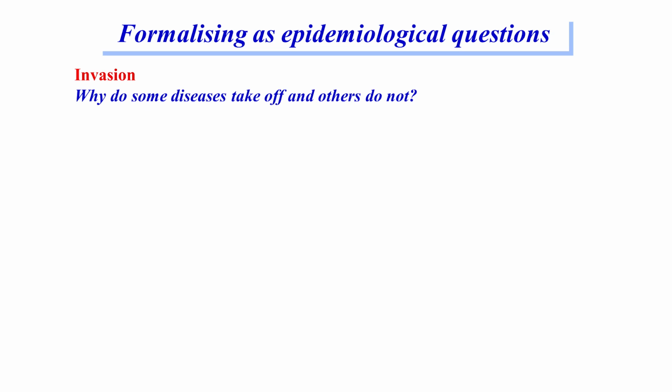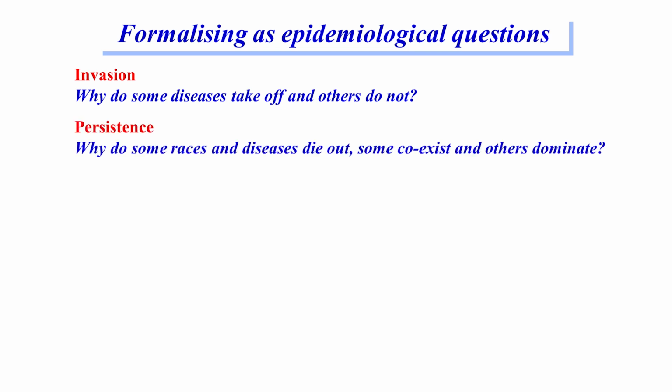That's about invasion. Because some do arrive and nothing much happens. Why do some races, that's particular strains, and diseases die out? Some coexist. So you get a new strain coming in or a new race, you've got an old race which is ticking over there. Do they coexist? Does one replace the other or not? And does one come to dominate?